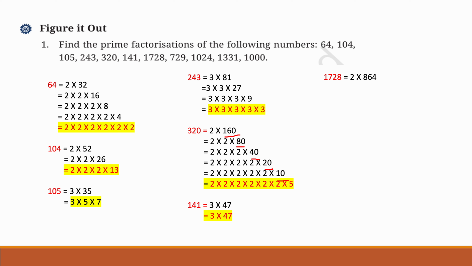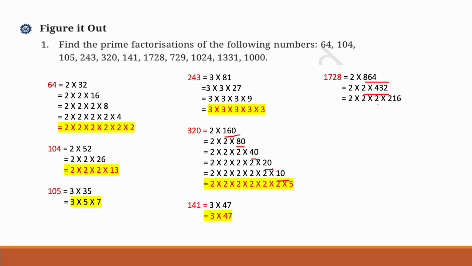Next number, 1728. We can write it as 2 into 864. So 864 we can rewrite as 2 into 432. Then 432 is a composite number. We can rewrite it as 2 into 216. So 216 is a composite number.